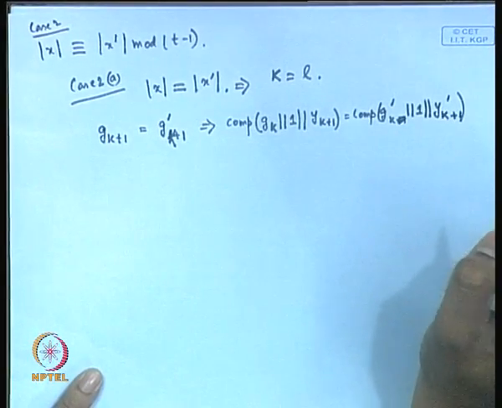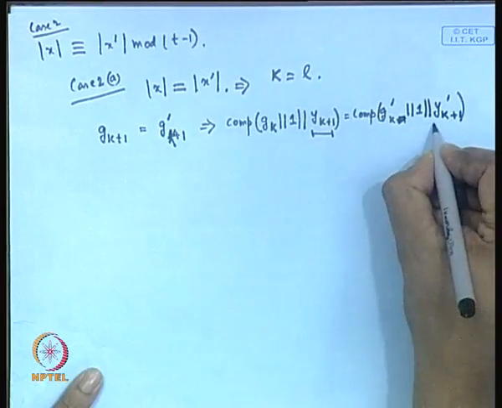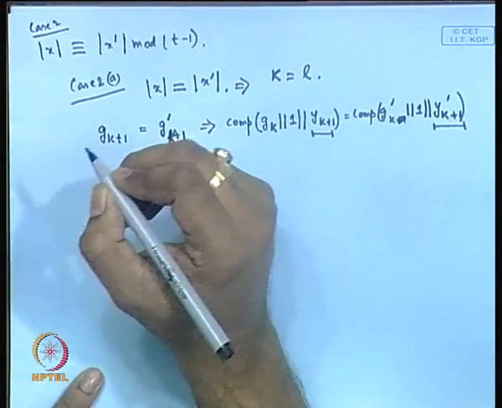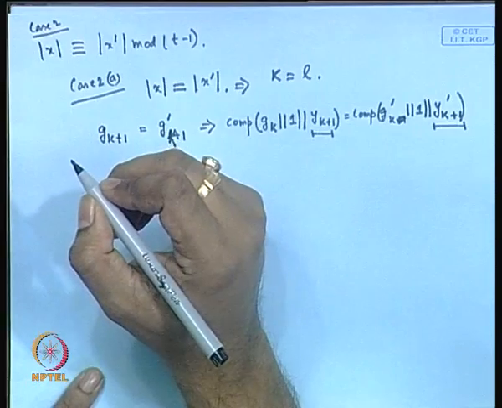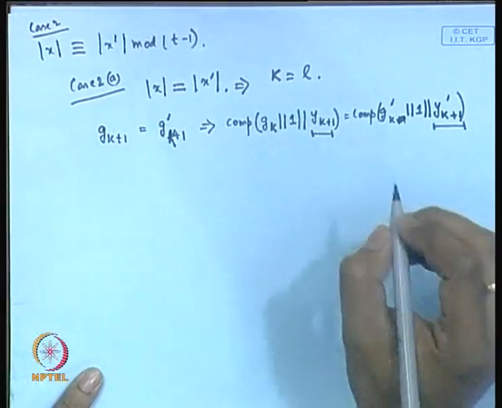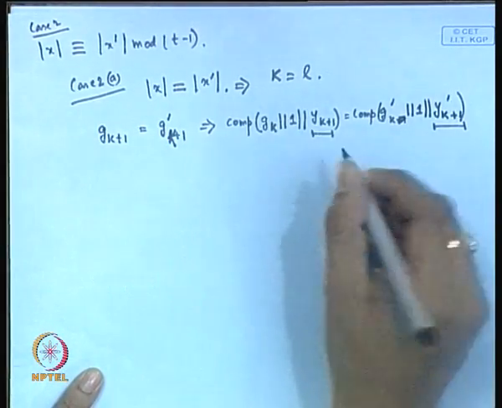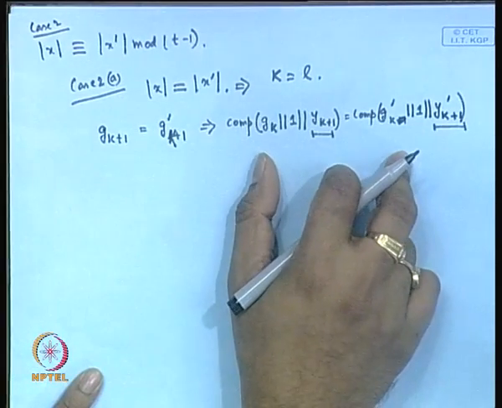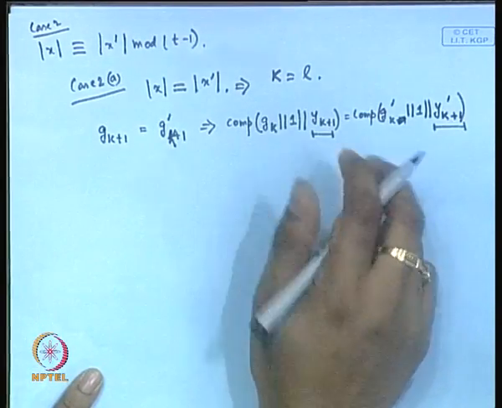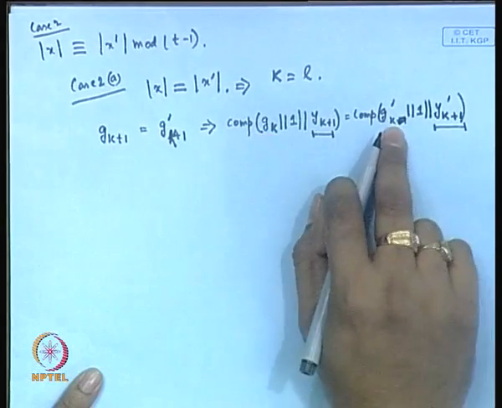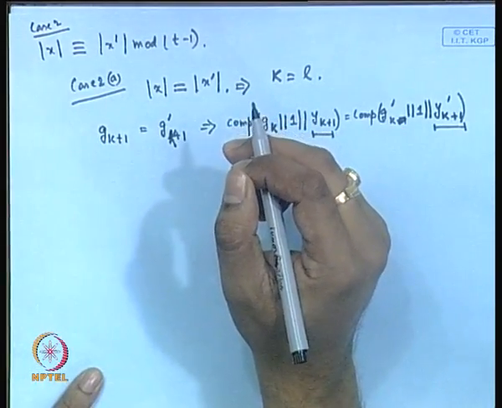Here you note that y of k plus 1 and y of k plus 1 dash are the same values. So if you say that this is not a collision for the compression function, then definitely g of k and g dash of k should be equal.